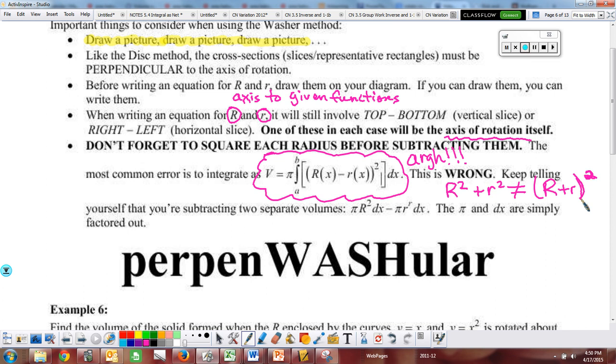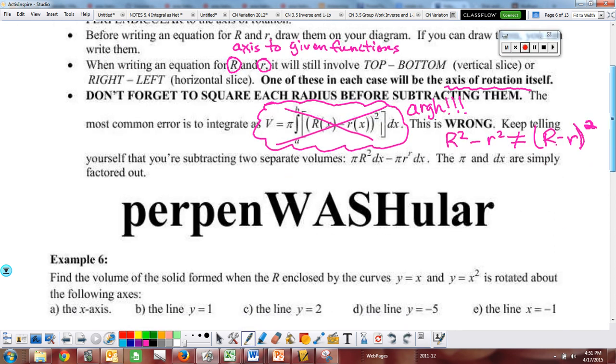Powers do not distribute. Do not make this mistake. It's the difference in the areas, which is pi R squared minus pi r squared, not R plus r squared. It's a subtraction. You want to make sure you do not distribute the powers. Do not distribute the powers. I cannot say that enough. Do not distribute the powers incorrectly when you're doing this.